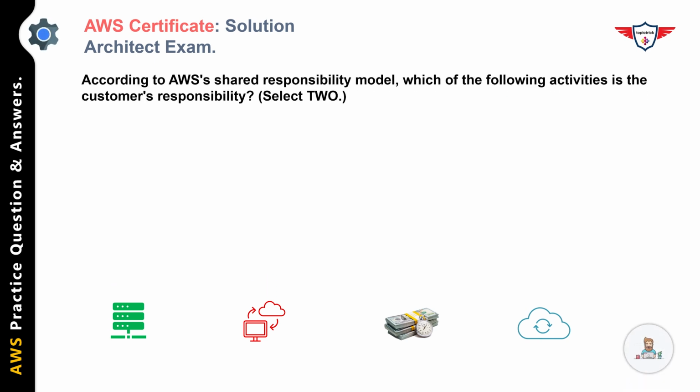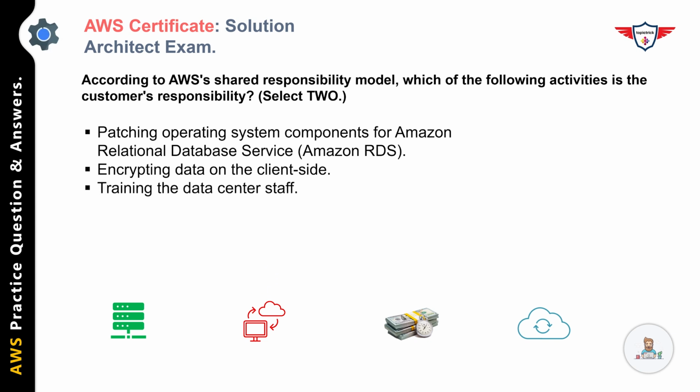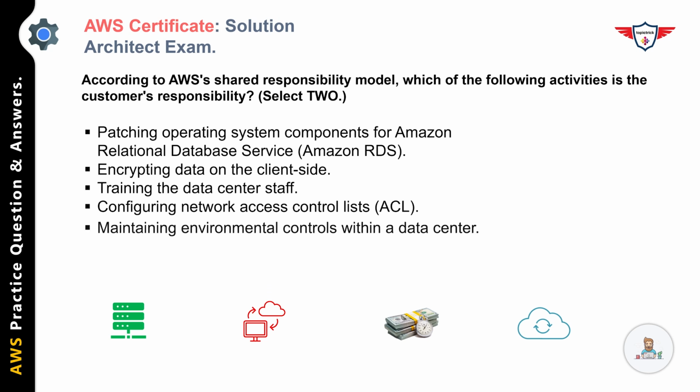According to the AWS shared responsibility model, which of the following activities is the customer's responsibility? And you have to select two correct answers. First one is patching operating system components for Amazon Relational Database Service, that is Amazon RDS; encrypting data on the client side; configuring network access control lists, that is ACLs; maintaining environment control within a data center.